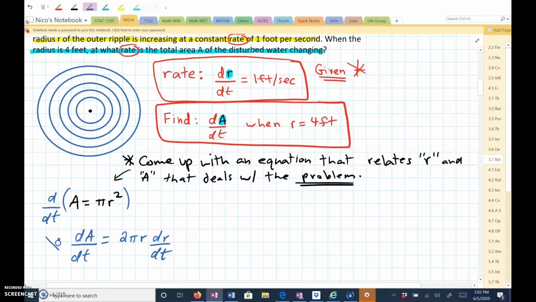And now we can use these related rates, the rates that are related to each other, to find dA/dt. So we've got 2 pi, we know r is 4, and we know dr/dt is 1. So this is going to be 8 pi, so the area is changing at 8 pi feet squared per second.